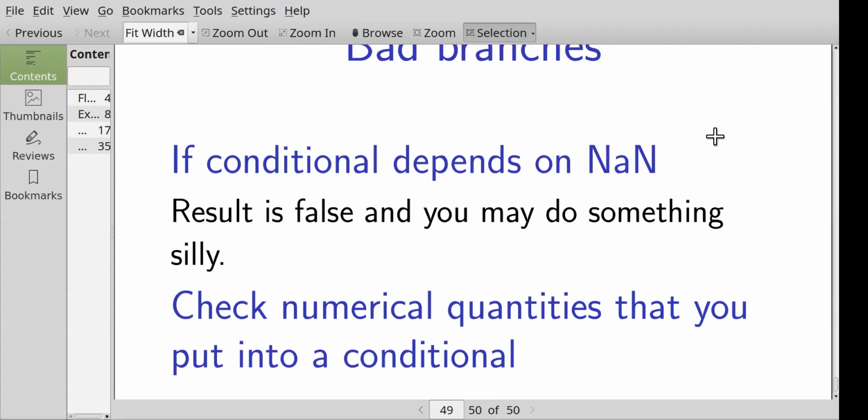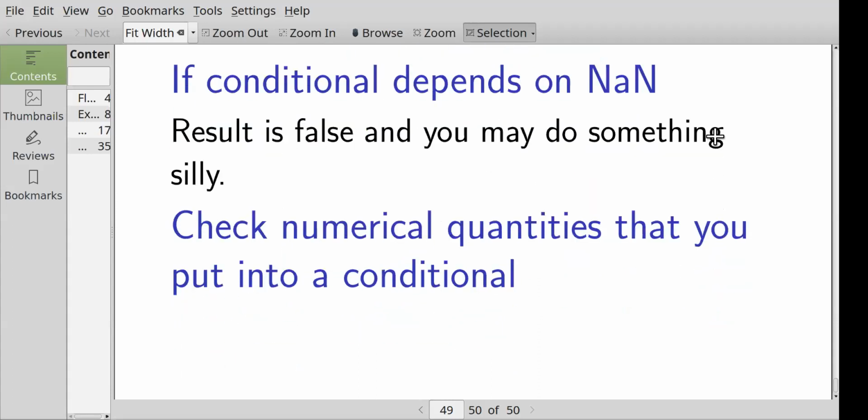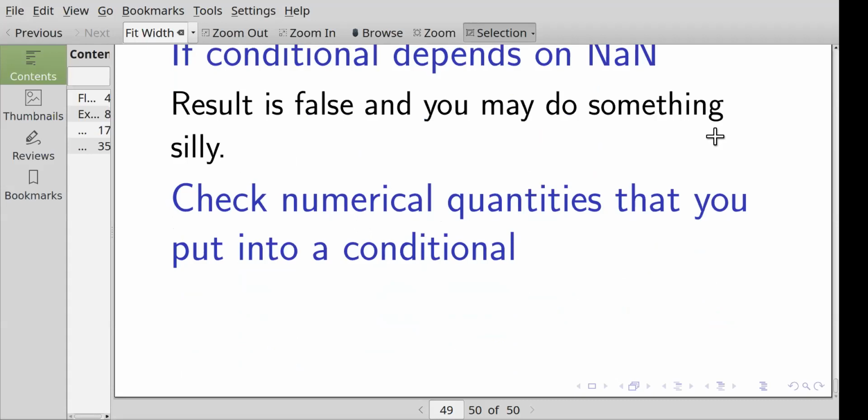Well, the result is false and you might end up doing something silly. Okay, so check the numerical quantities that you're going to put into a conditional. Catch that exception first before you feed it into an if-then kind of construct. Make sure you're not feeding it something which isn't even a numerical quantity.